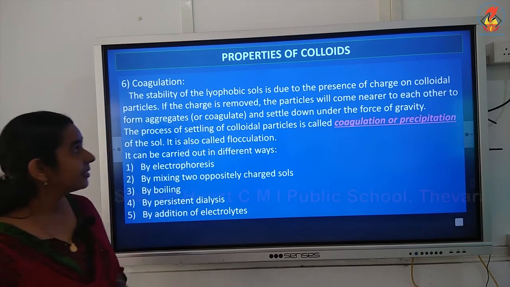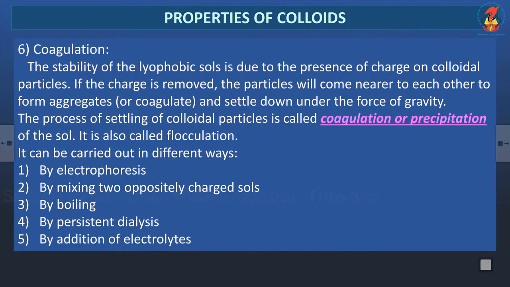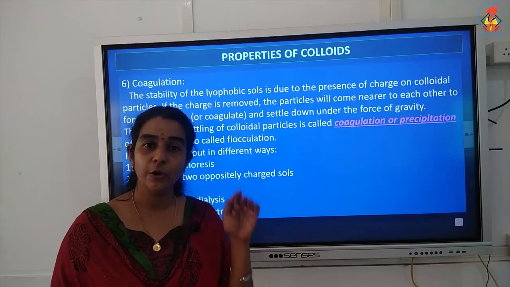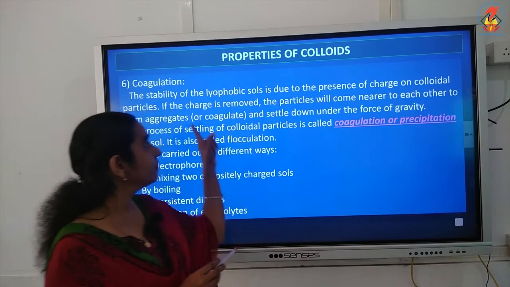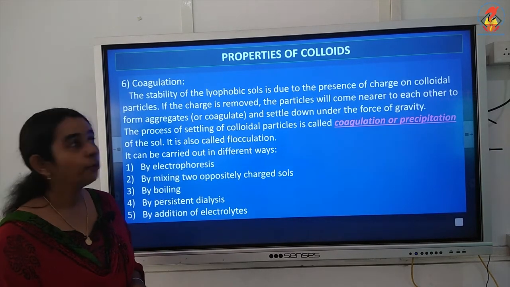Now the next property of a colloid is coagulation. We already studied that lyophilic colloids are stable and lyophobic colloids are unstable. The main reason for the stability of a lyophilic colloid is that around lyophilic colloids there will be a layer of solvent, and this layer is absent in the case of lyophobic colloids.